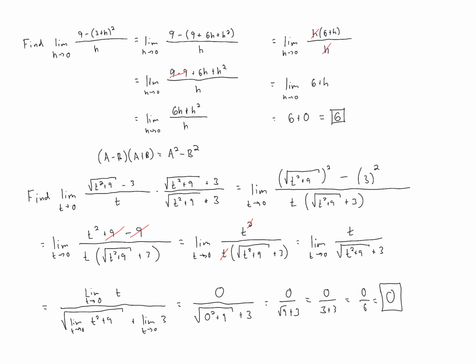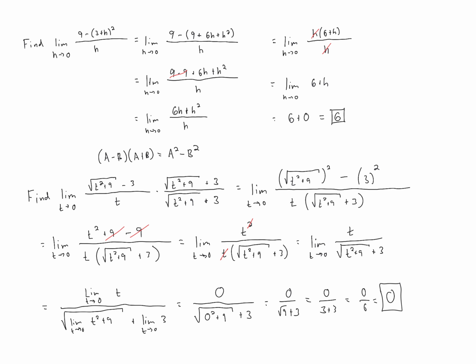And the reason for that is when we've got a difference times a sum, that gives us a difference of squares. And having that difference of squares allows us to get rid of the square root. And then we've got something that is a lot simpler and we can work with. So this is a trick that you're going to see quite often in problems when there's a sum or a difference and one or both of those terms are radicals.